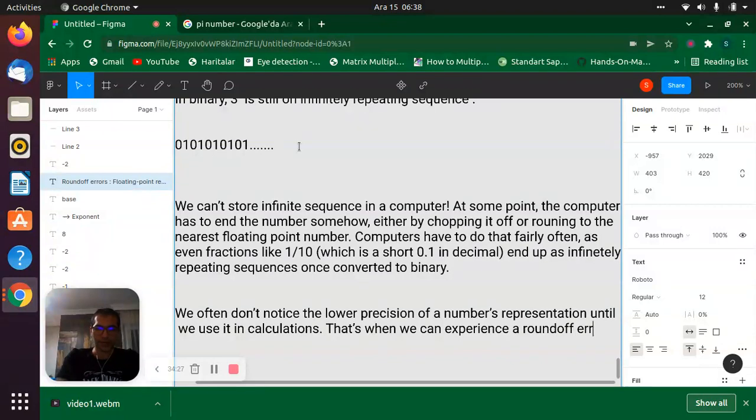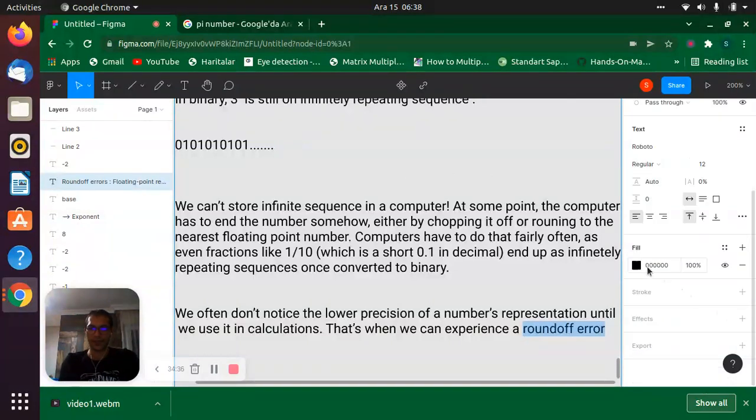I can write round-off error. So this one I will tag in the place. I can tag this one as can be read. Okay, let's come down. Round-off error, and do something like that.